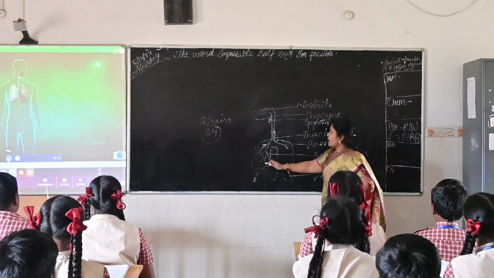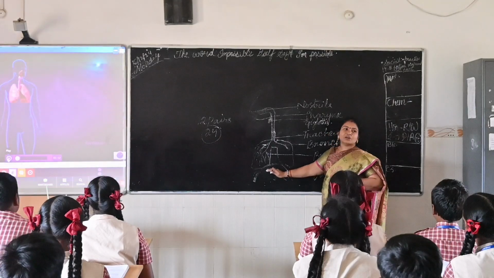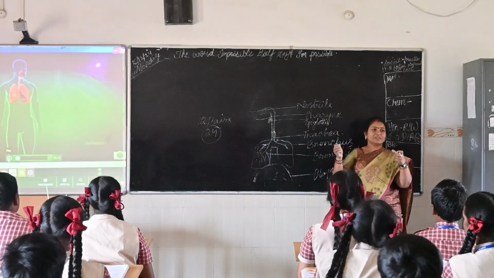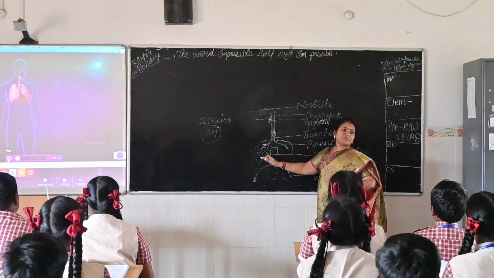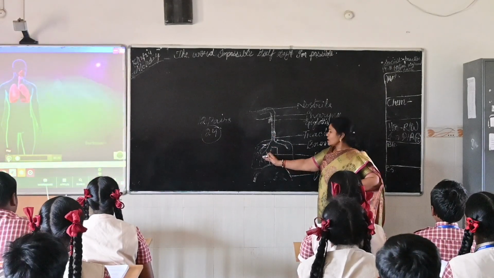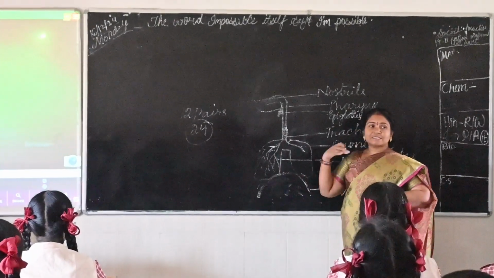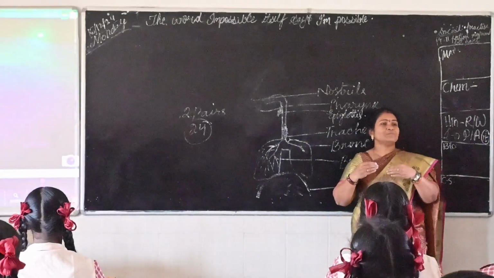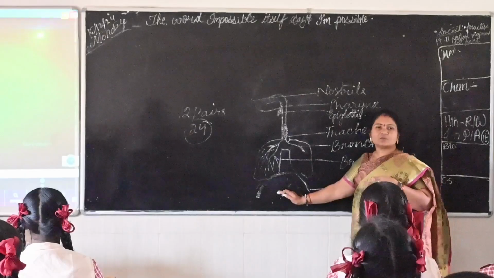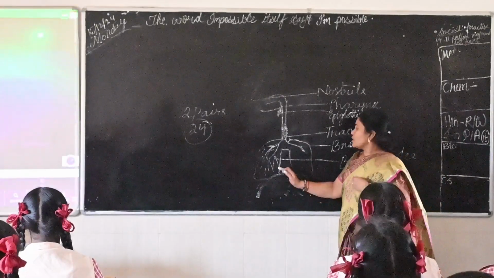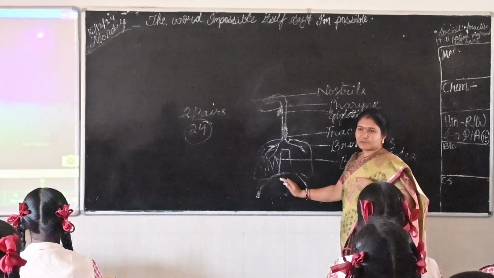When you are inhaling, your diaphragm is contracting, making space for the lungs to take in the external air. When you are exhaling, your diaphragm relaxes and comes to its original position. In this way the exchange of gases takes place.